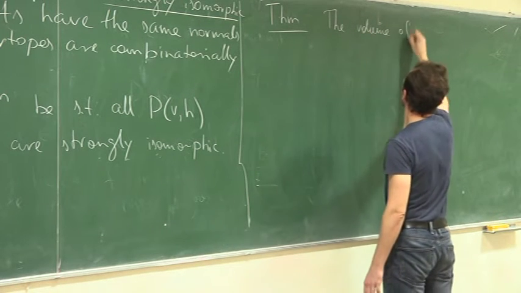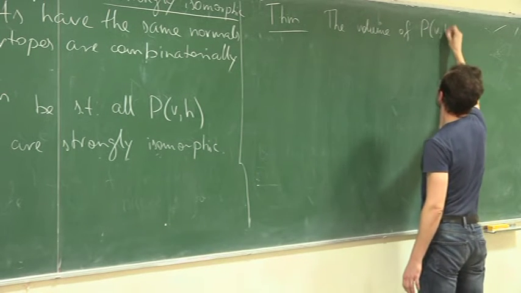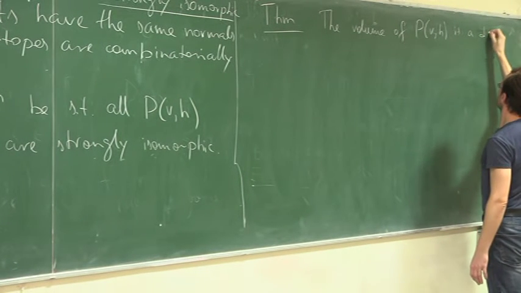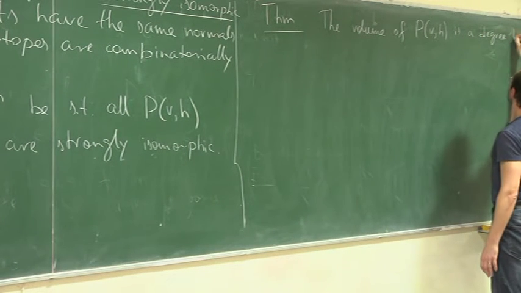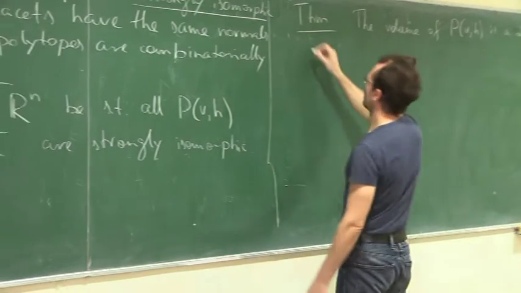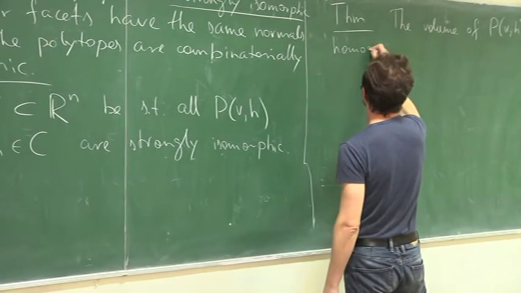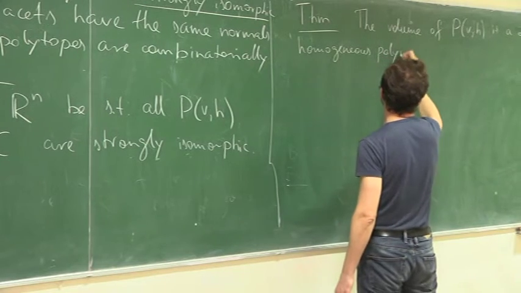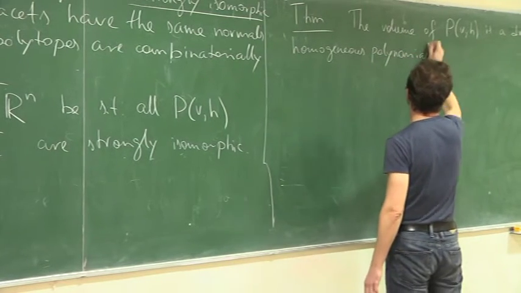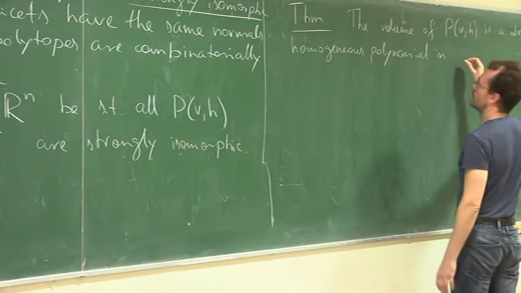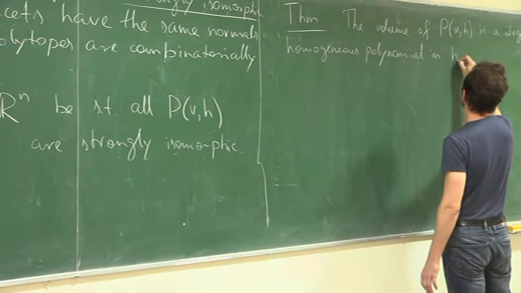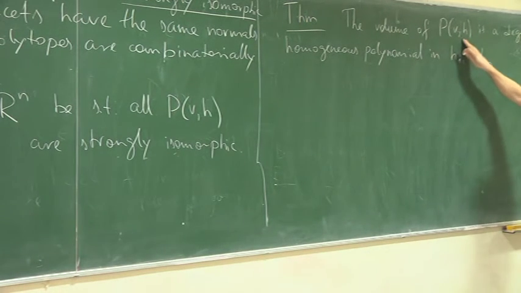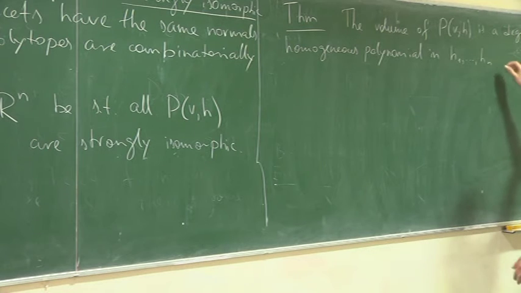The volume of P of VH is a degree D homogeneous polynomial in H1, so on Hn, if H belongs to C.